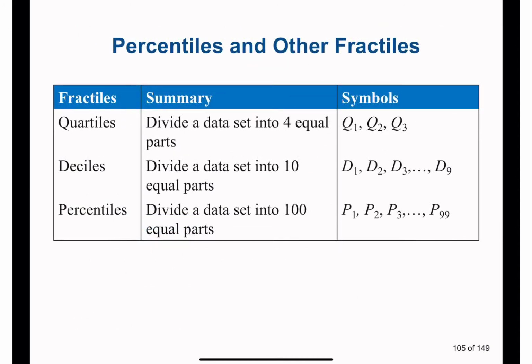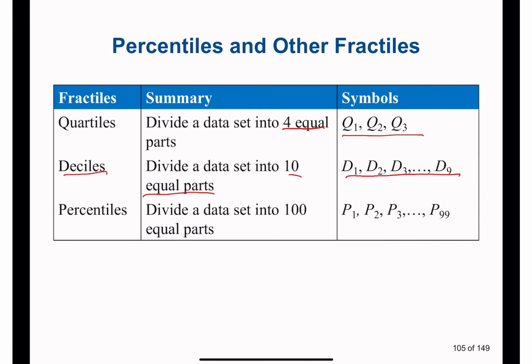Okay, next, fractiles can be broken into quartiles, deciles, percentiles. Quartile is divided into 4 equal parts. We call them Q1, Q2, Q3. Decile, everybody is familiar with decile. It's decimal, equal parts, which is going to be 10 equal parts.